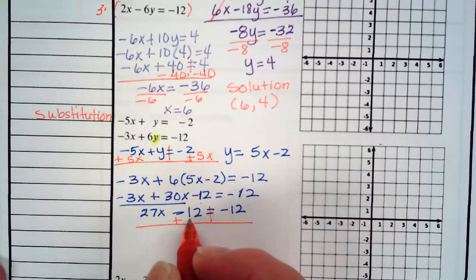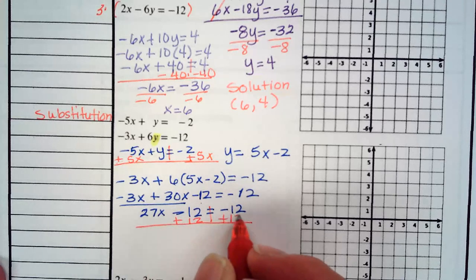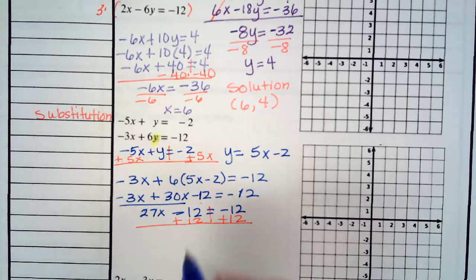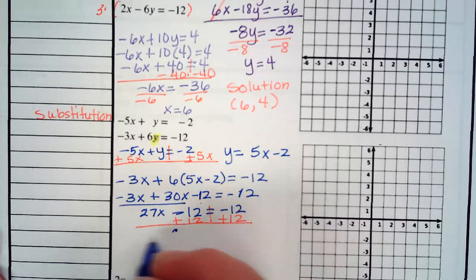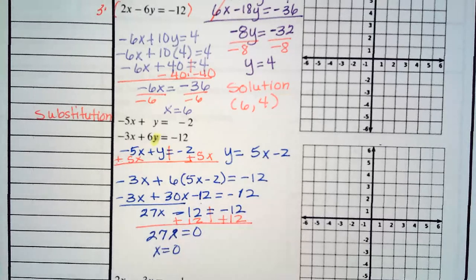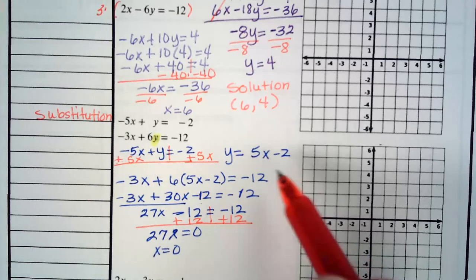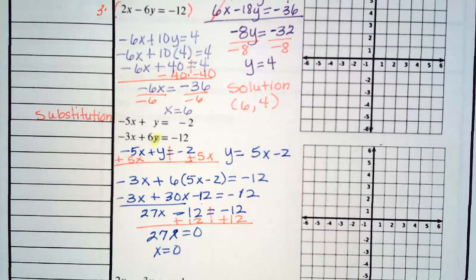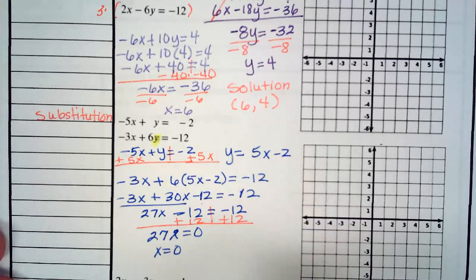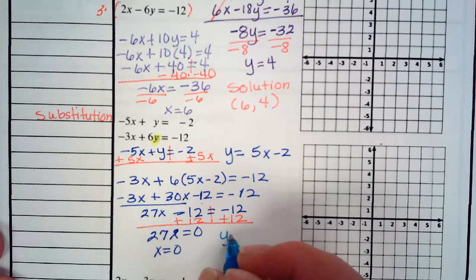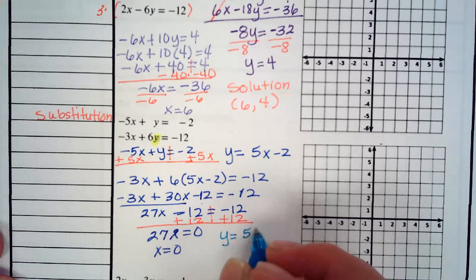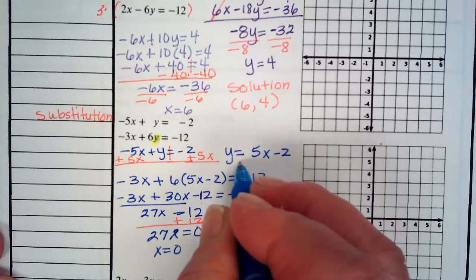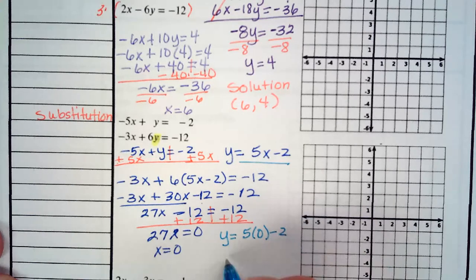Add 12 to both sides. 27x is equal to 0. And x will be equal to 0. Okay, so what is y? Well, I'm going to use my equation up here. Y is equal to 5 times 0 minus 2.